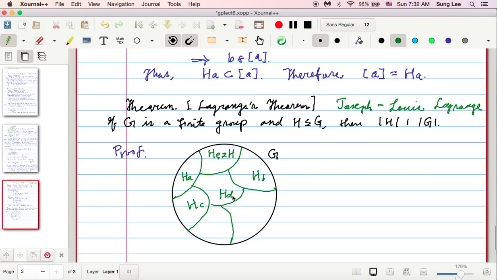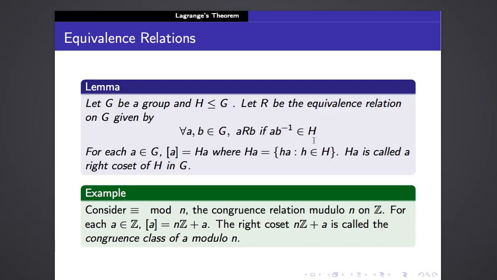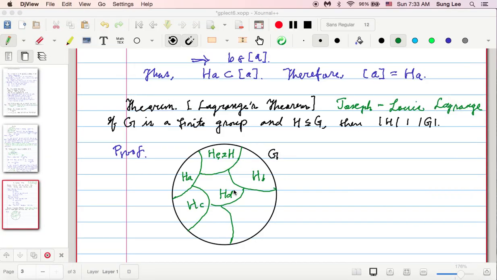The bottom line is this. Due to the preceding lemma, we know that for a group G with a given subgroup H, the equivalence relation defined by the subgroup H partitions the group, and the equivalence classes are the same as right cosets.